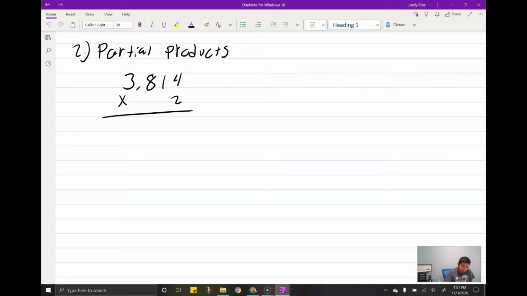So for instance, I'm gonna start on 2 times the value of 4, which is what? What is the value of 4? This 4 right here. Good, 4, because it's in the ones place. 2 times 4 is what? 8, good, okay.